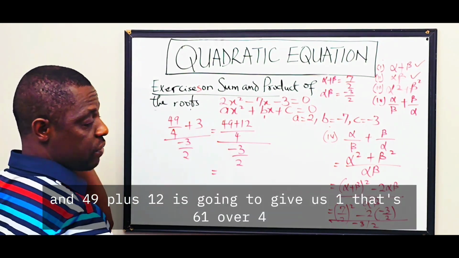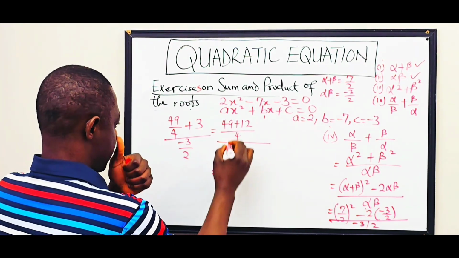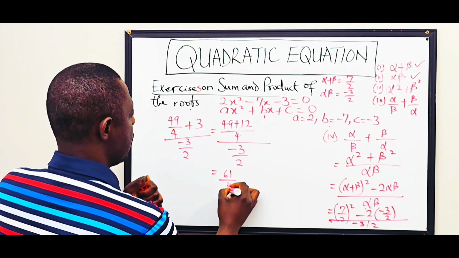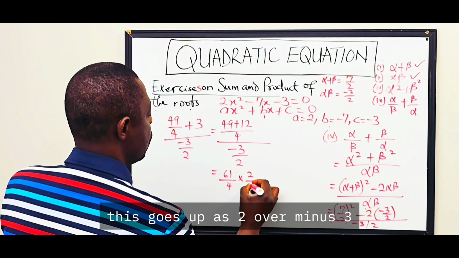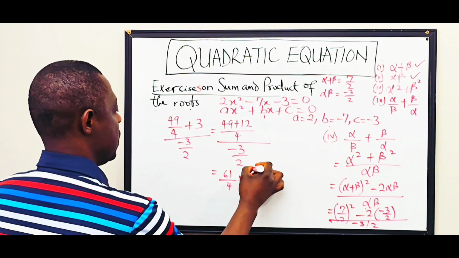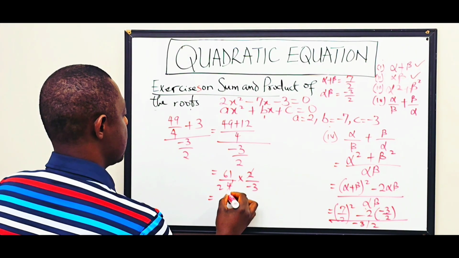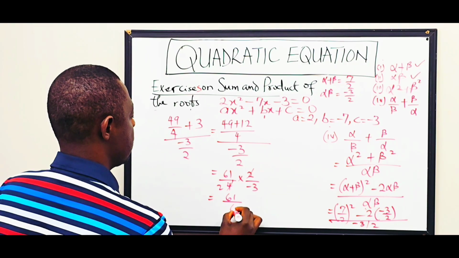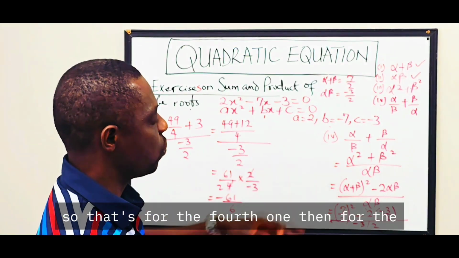And 49 plus 12 is going to give us 61 over 4 times, this goes up as 2 over minus 3. This cancels out to give this. So we're going to have minus 61 over 6. So that's for the fourth one.